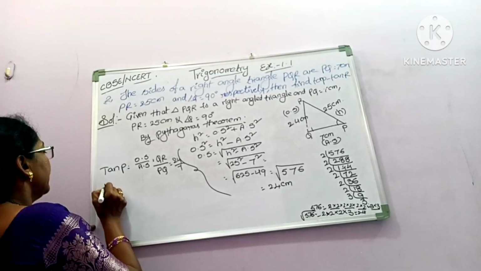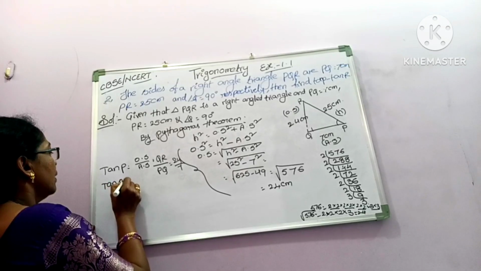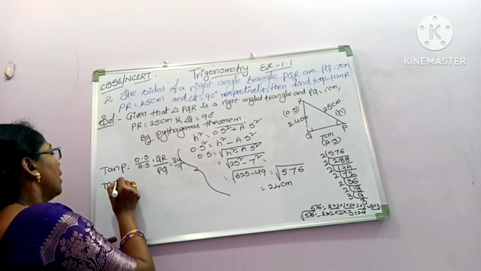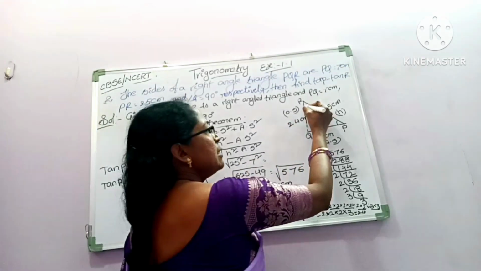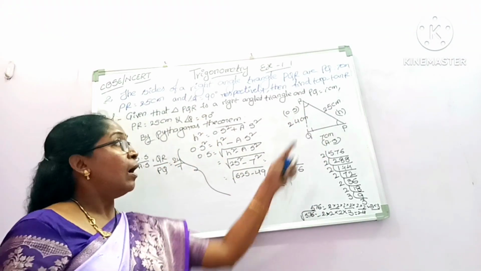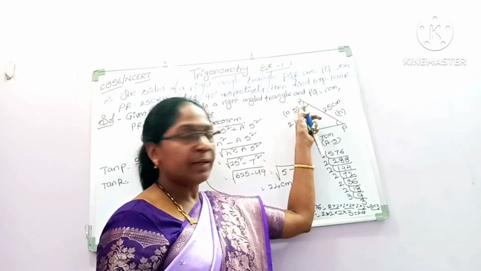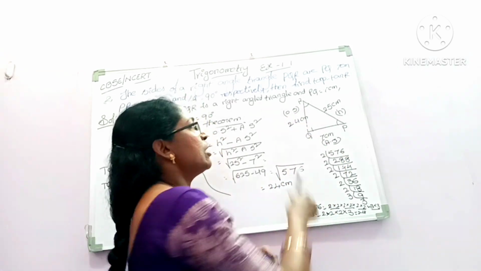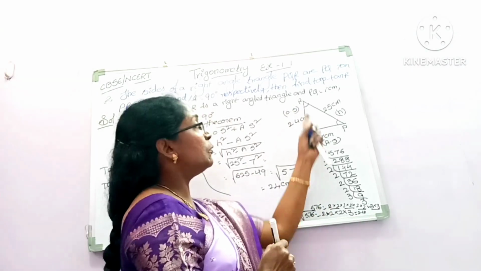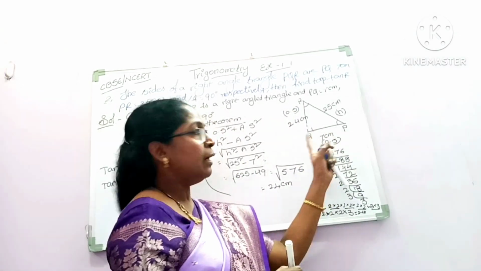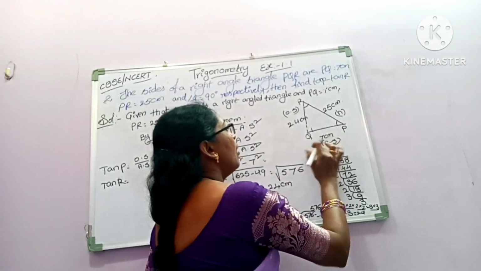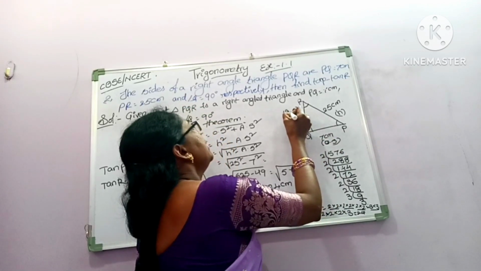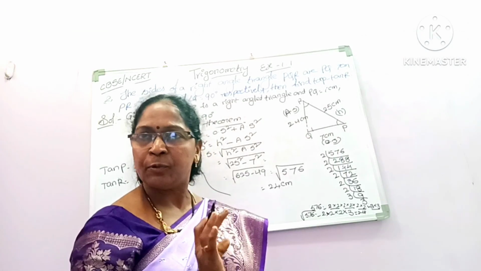And next one is tan R. So tan R means here R is the reference angle now. With R as the reference, the opposite side and adjacent side will interchange. To this angle, whichever is the opposite side, that only you have to represent as the opposite side. This is the opposite side and this one is the adjacent side. But the hypotenuse is common, it won't change.